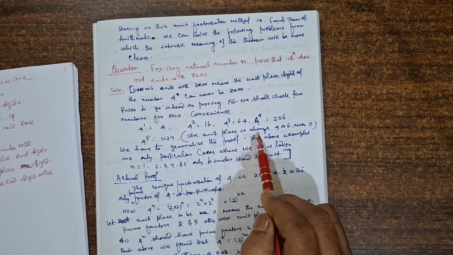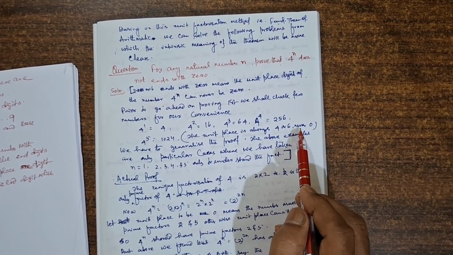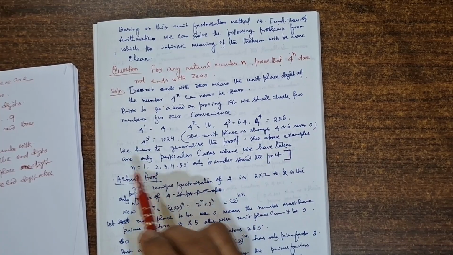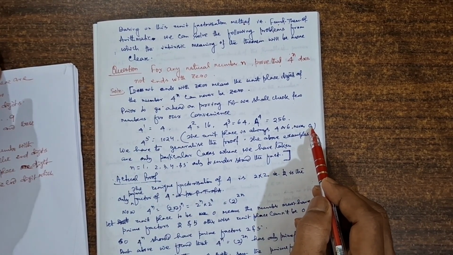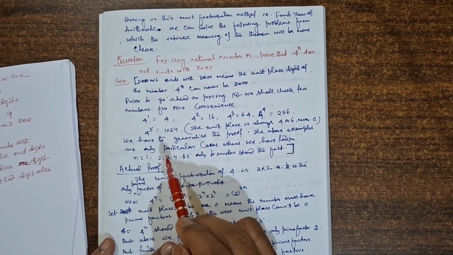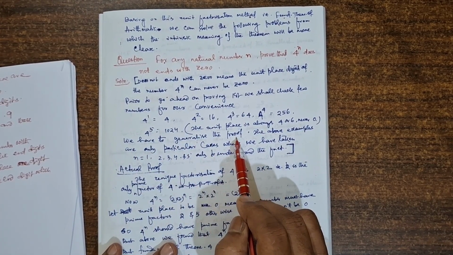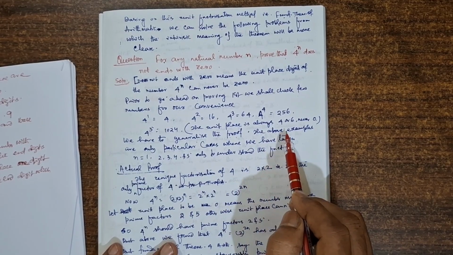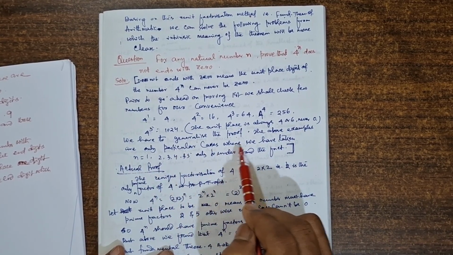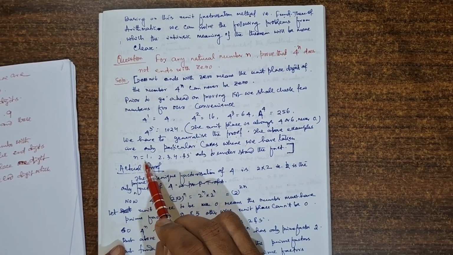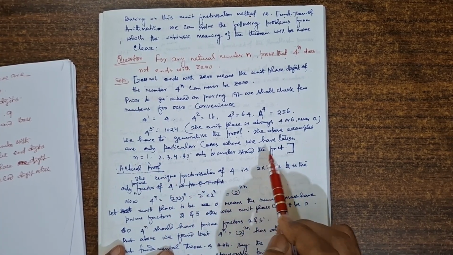The unit place is always 4 or 6, never 0. We have to generalize the proof. The above examples are only particular cases where we have taken n equal to 1, 2, 3, 4, 5 only to understand the fact.